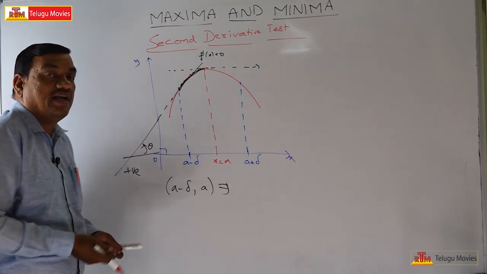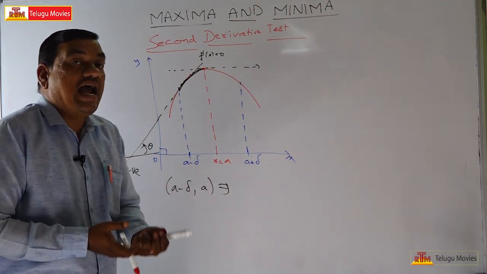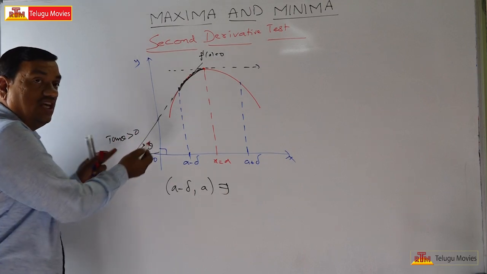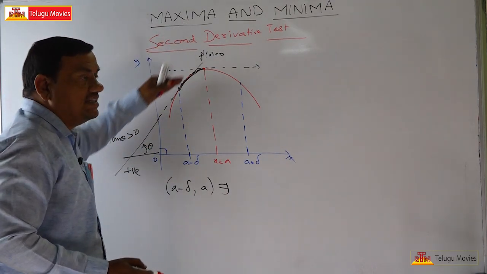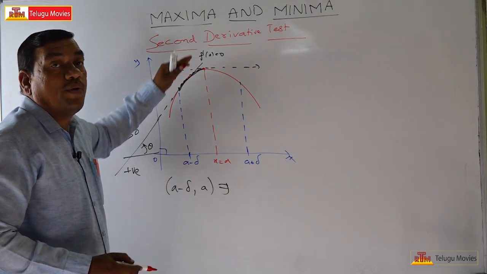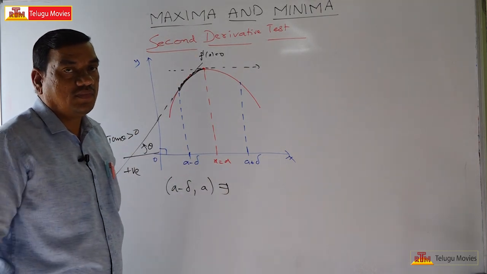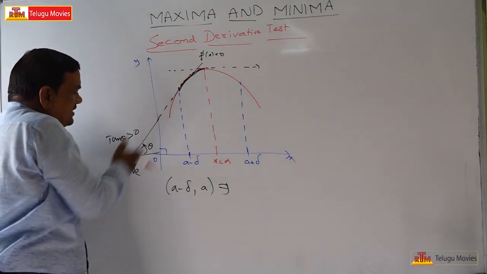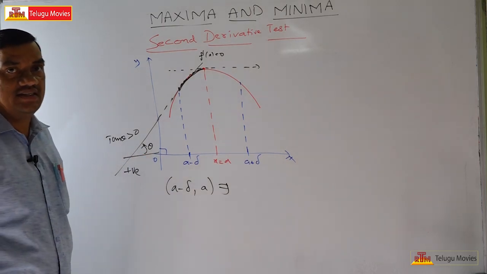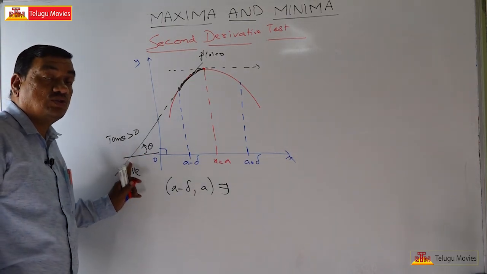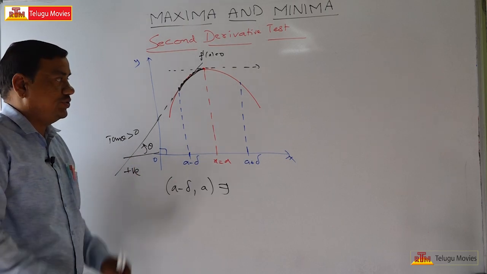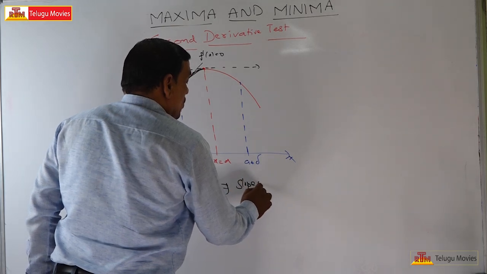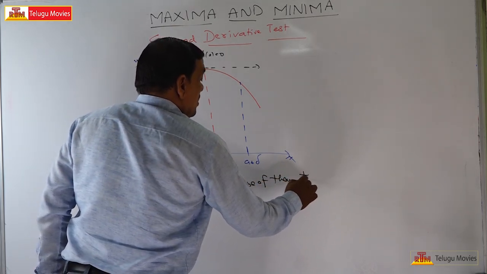Why? Because an acute angle means it lies in the first quadrant, so tan theta is positive here. Therefore, all these tangents will have positive slope. Understand? Because all the tangents make acute angles with the x-axis, the slope of the tangents is positive.